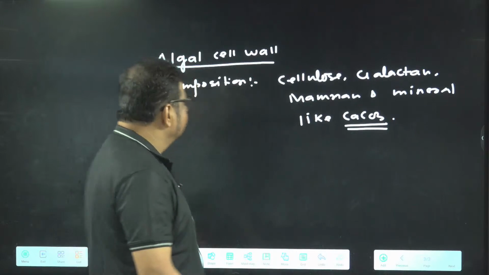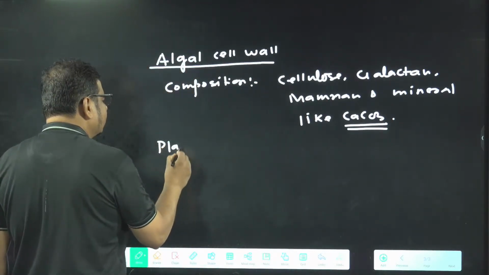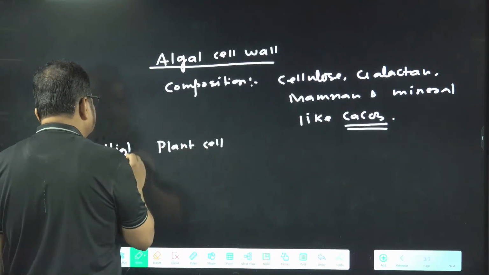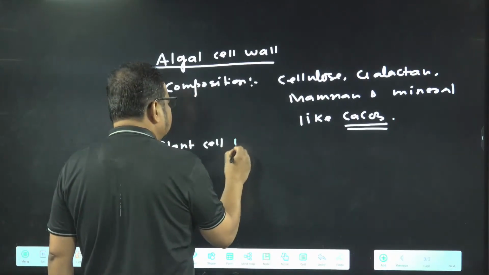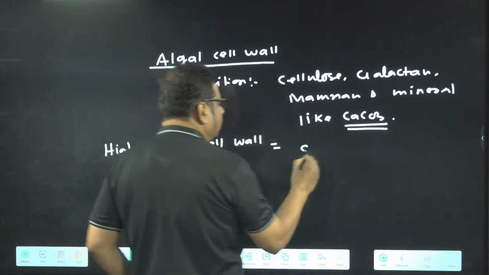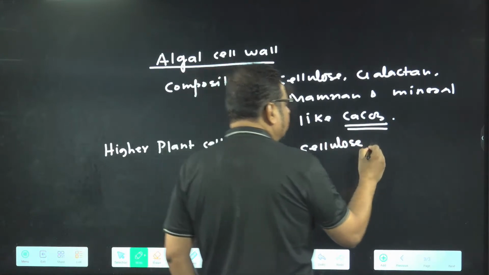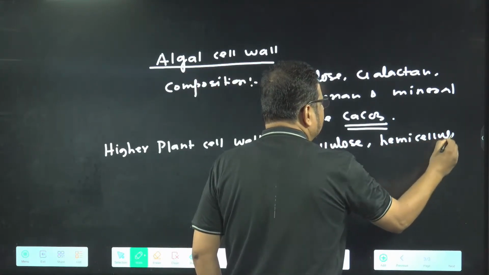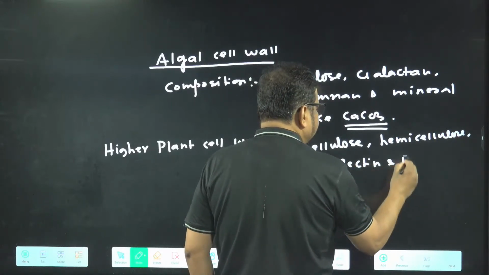Okay? Right. Now I am telling about the plant cell wall. Plant cell wall means higher plant cell wall. Algae is also a plant. What did NCERT write as the composition? It is made up of cellulose, hemicellulose, pectin, and protein.